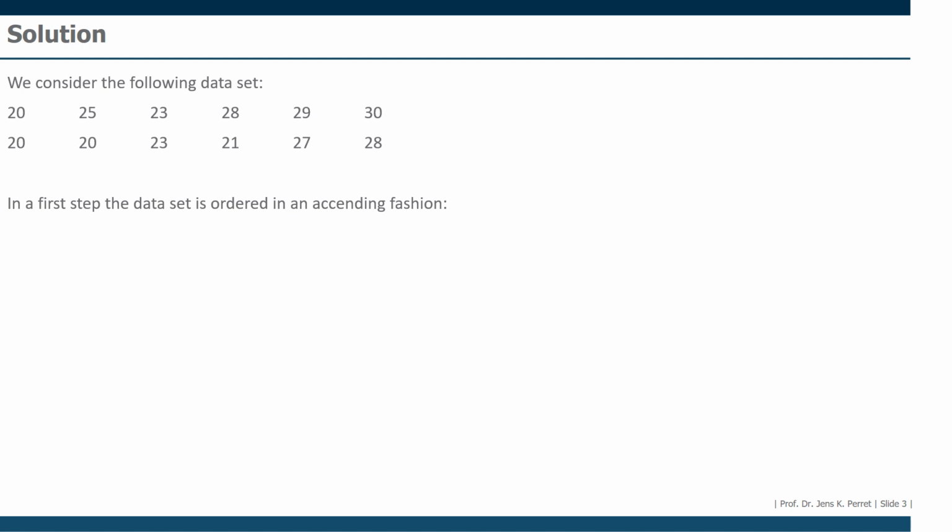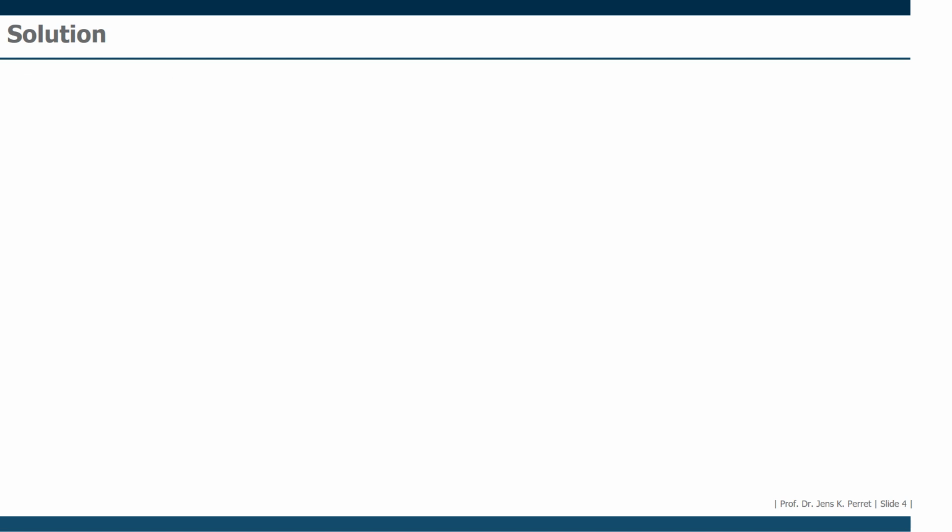So if we're going to order this, we start with the smallest value, that's here the 20, then always take the next largest still available value in our data set. So that in the end we have this ordered data set from smallest value 20 to largest value 30. This I'm just going to copy here into the next slide.